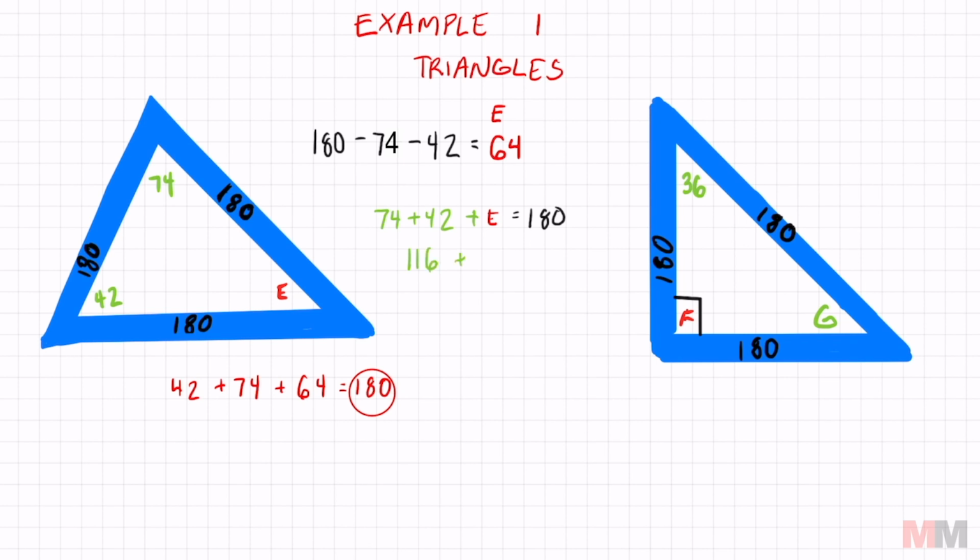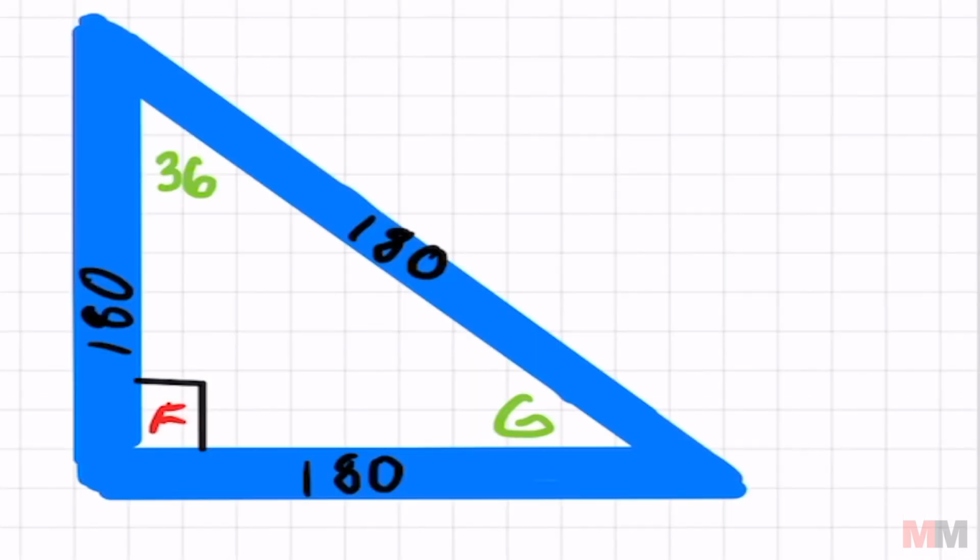Plus E equals 180. And you can subtract 116 from both sides, and you will still get the same answer. E is 64. So it doesn't matter which way you do it, whatever you prefer. If you want to set up an equation, do it. If you want to just subtract the other two angles from 180, they both work.